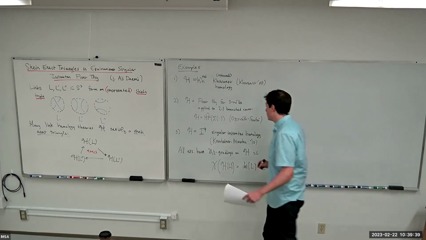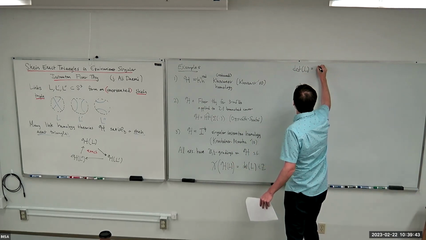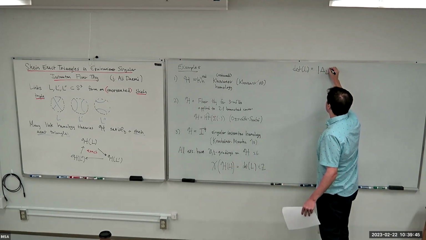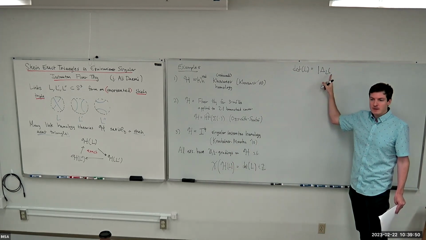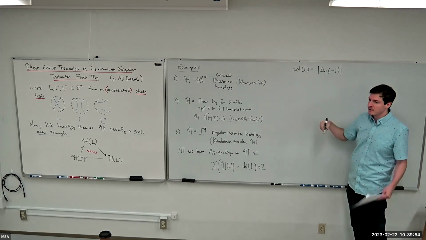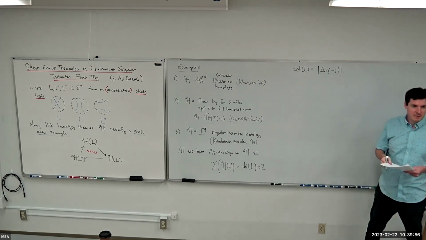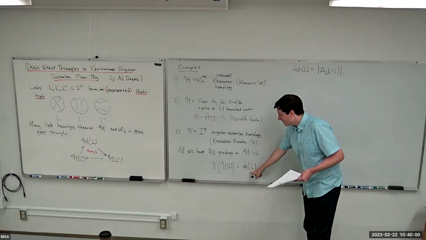Maybe one of the simpler definitions is that it's just the absolute value of the Alexander polynomial, the single variable Alexander polynomial of your link, evaluated at -1. It also has the interpretation as being the size of the first homology of the double branched cover. But it's something you can compute from a diagram of the link.